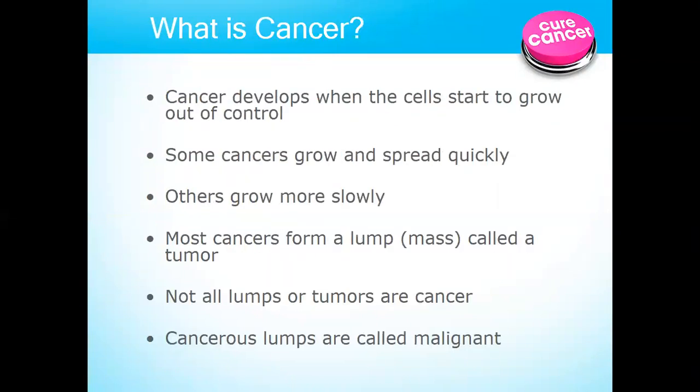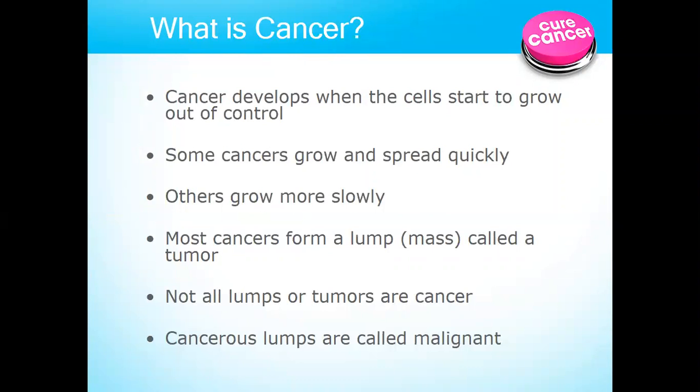The cells in our bodies all have certain jobs to do, and normal cells divide in an orderly way. Cancer is when the cells start to grow out of control. The cancer cells keep on growing and making new cells, which crowd out normal cells, causing problems in that part of the body where the cancer has started.